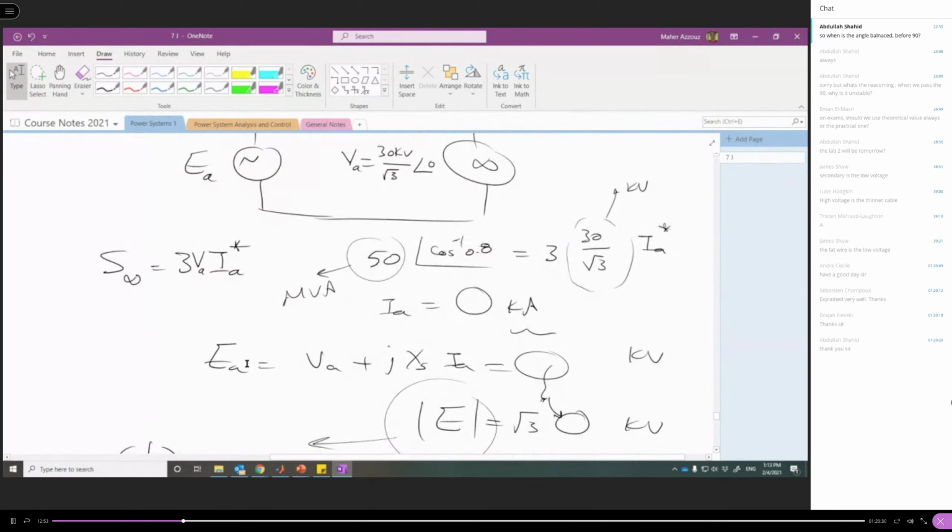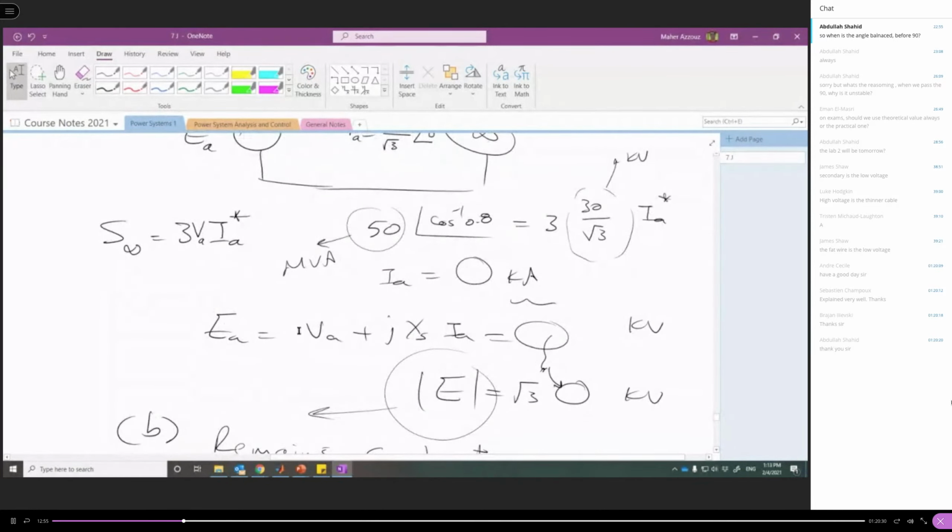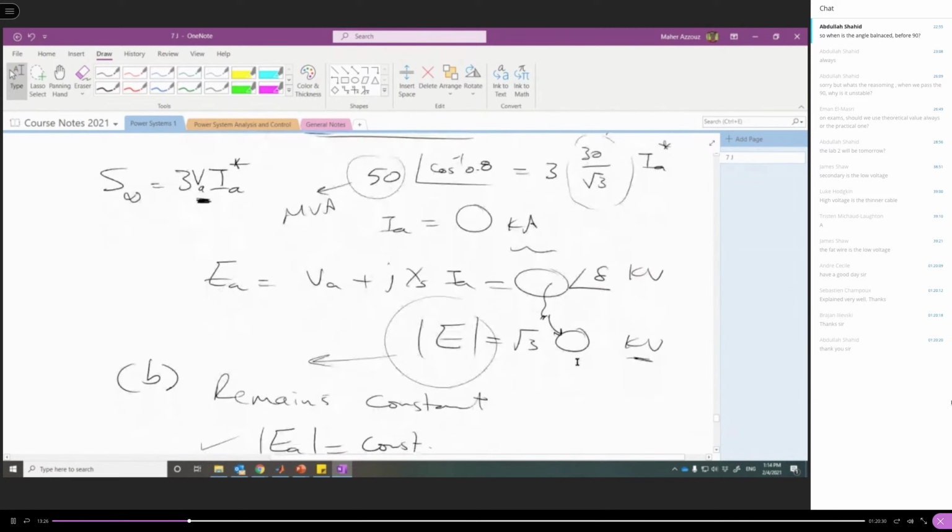If you do that, you get E_A, the excitation voltage. This E_A has a magnitude and angle. So the angle here is delta. This is the power angle because it is the angle difference between the excitation voltage E and the terminal voltage V. So we get delta, and what you get here is the phase voltage of E. If you multiply it by √3, you get the excitation voltage as a line to line.